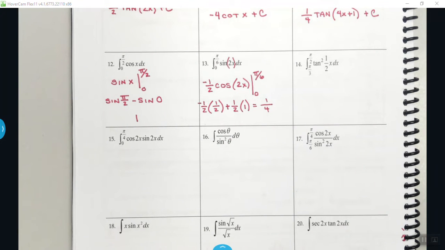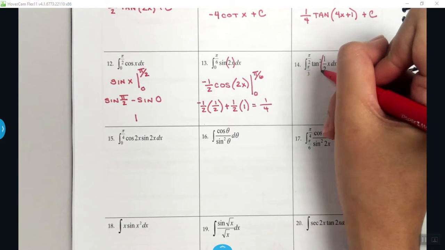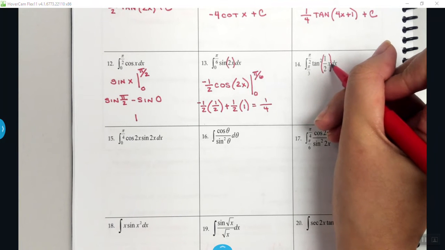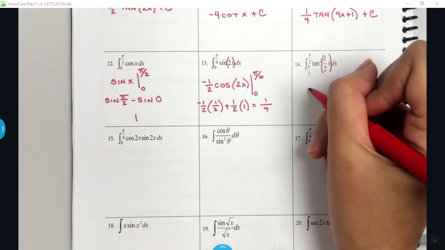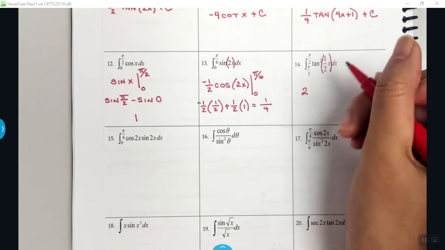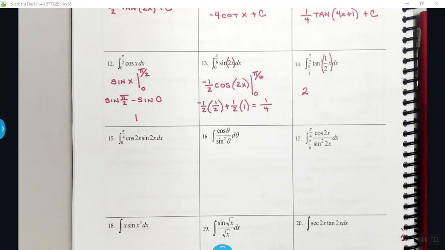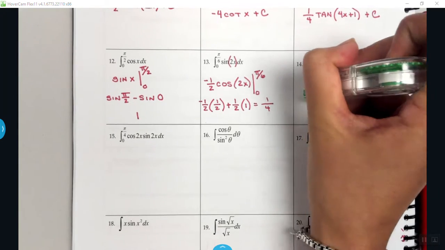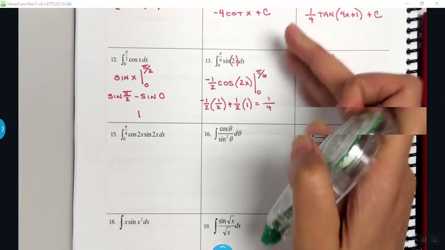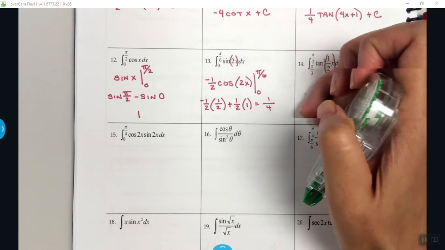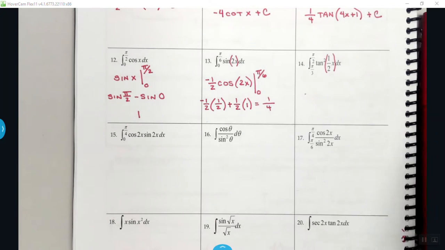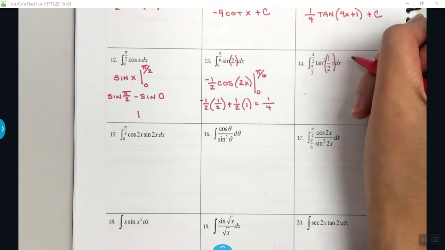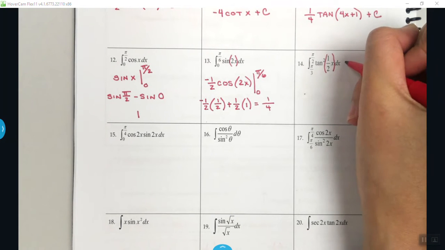Yeah. Okay, 14. So the integral, this is 1/2 x. That's a linear function, so I'm going to pull out a 2. Oh, geez, we can't do that, because I don't know the integral of tangent squared. Do you? No. Do you know the integral of anything? How do I change this?